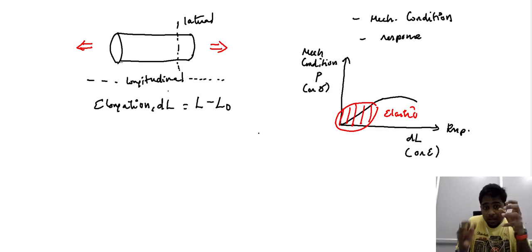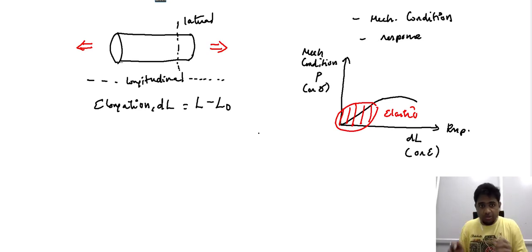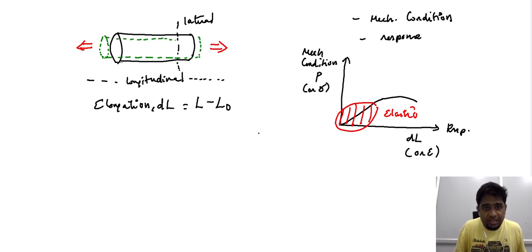Now so far the description of our response has been confined to the change in the dimension along the longitudinal axis. However, when we consider the response of metals and alloys, in addition to the change in the dimension along the longitudinal axis, there is also a change in the dimension along the lateral axis. As the dimension of the sample extends along the longitudinal direction, there is also a change in the lateral direction. So this is how the response of the material ideally would be.